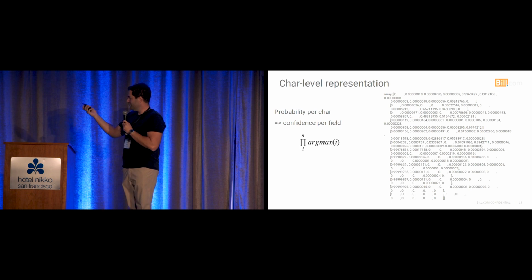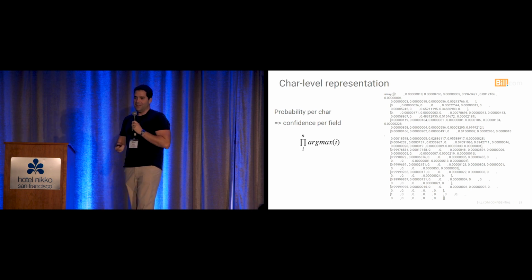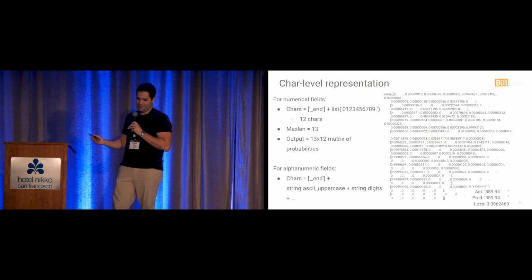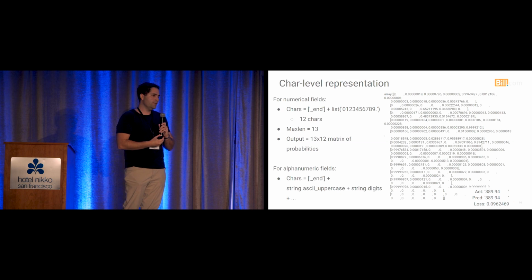So this is actually what the raw output looks like, and you can compute the confidence as just the multiplication of the top scores. One nice thing about character level representations is you can really define the dictionary.